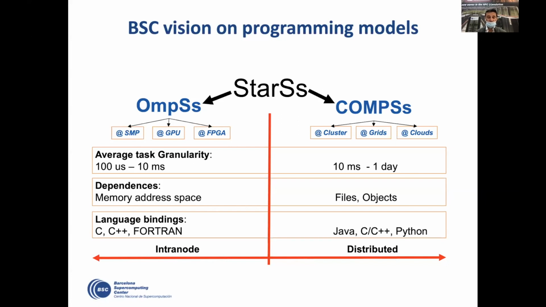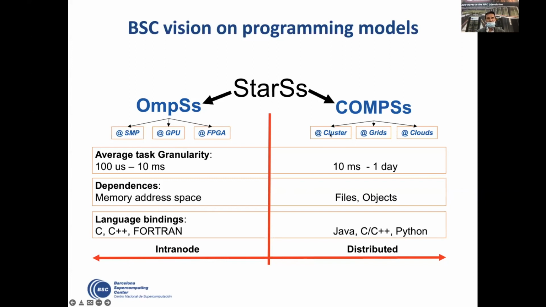With COMPSs, we deal with more coarse-grained platforms and applications, where the task granularity goes from milliseconds to days of execution. We are not talking about applications, but tasks of the application. And these tasks run on nodes of a cluster.